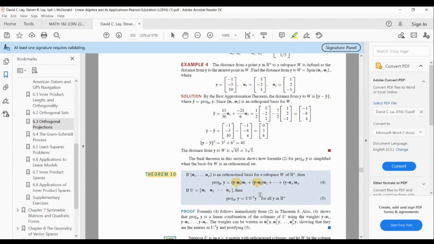So why is that? For y dot u1, where did the u1 dot u1 go below in the denominator? Why is it equal to 1? That's right, Matthew. It's an orthonormal basis. And so if you take u1 dot u1, you will get 1.